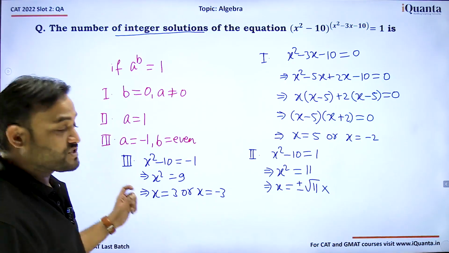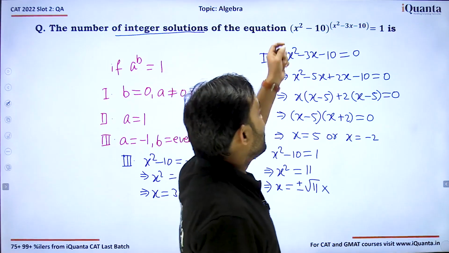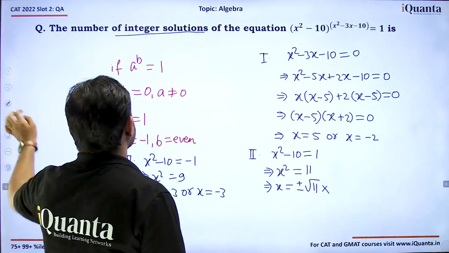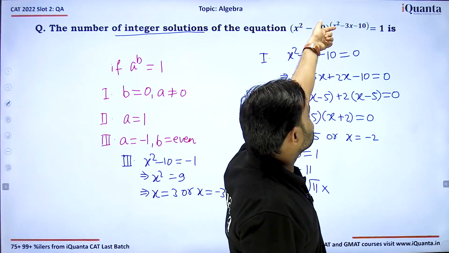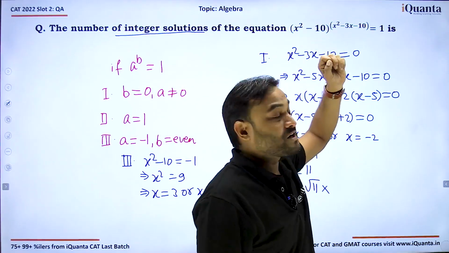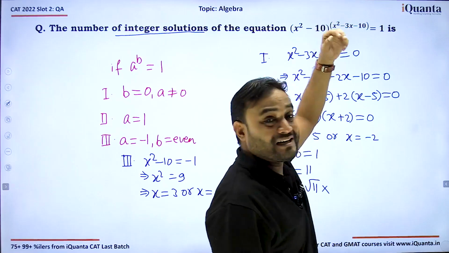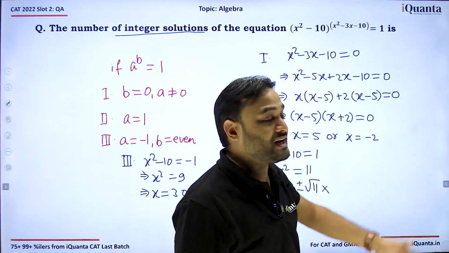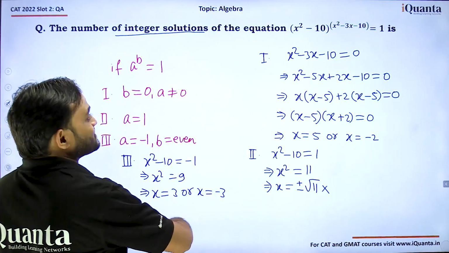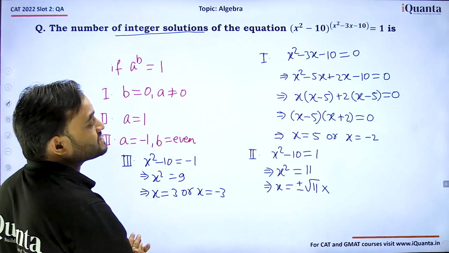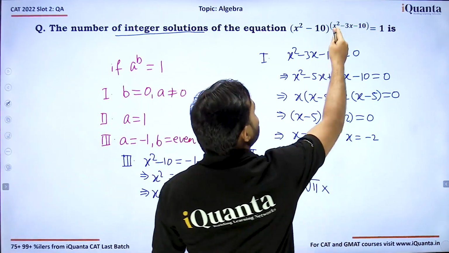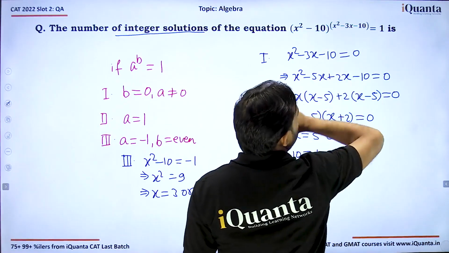Now we also need to check for these values of x whether x square minus 3x minus 10 is even or not. So x is 3, odd, so x square will become odd, minus 3 into x will also become odd, odd minus odd is even, minus 10, so again even. Similarly, for x is equal to minus 3, this will be 9, this will be plus 9.